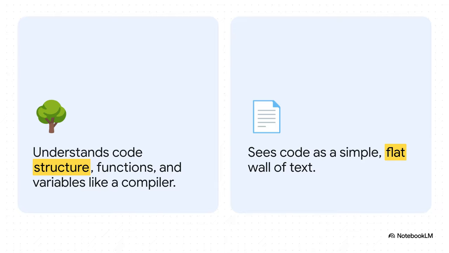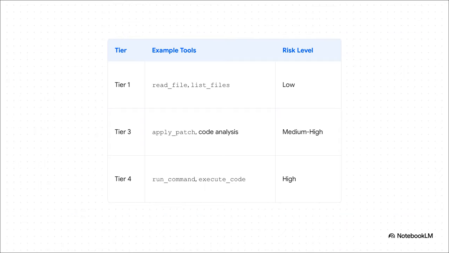Text analysis is like reading the words in a sentence. Semantic analysis is like understanding the grammar, the sentence structure, and how all the words relate to each other. It lets the AI grasp the context of your functions, your variables, and the whole architecture of your project. It's a game changer.